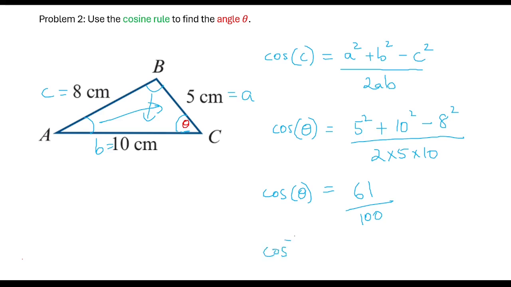Let's do cos inverse of the fraction to get the angle theta. Now remember to have your calculator in degrees, as we're going to answer in degrees. And we get theta equals 52.41 degrees to 2 decimal places.